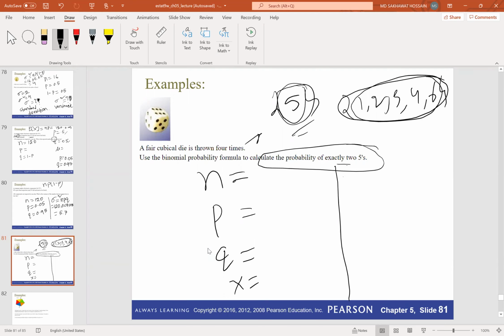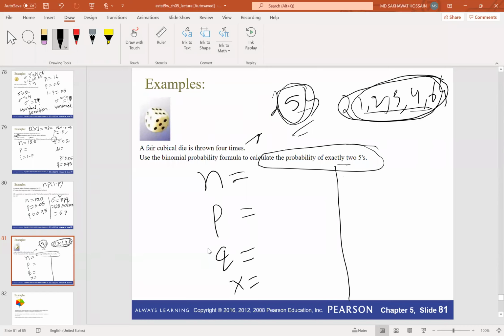So think about that. If you just roll a die once, what is the probability of getting 5? 1/6, right? And what is the probability of not getting 5? 5/6, right? Because we have a total of 5 other outcomes here.